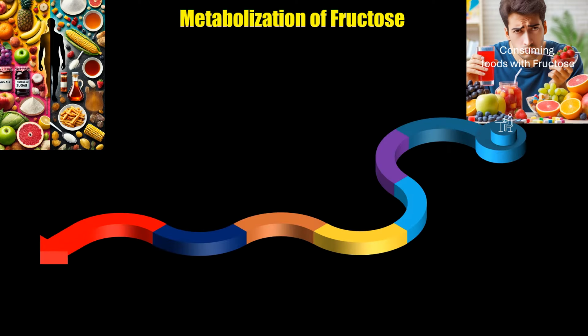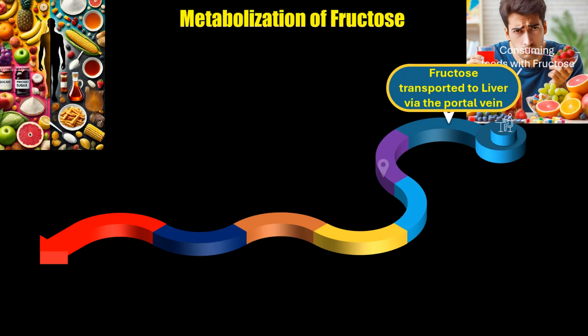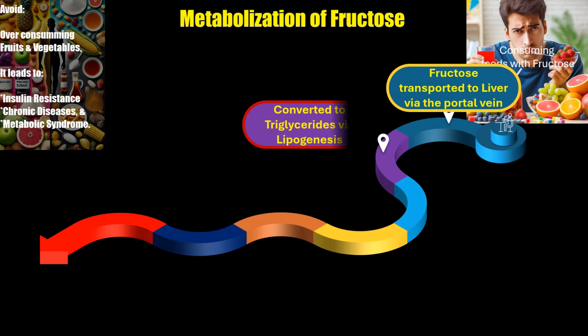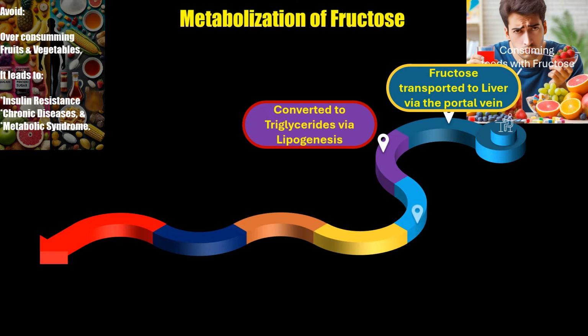Fructose is transported to the liver via the portal vein. It is a blood vessel that carries blood to the liver. Unlike glucose, which is metabolized in various tissues, fructose is primarily metabolized only in the liver. In the liver, fructose is converted into fatty acids through a process called de novo lipogenesis.